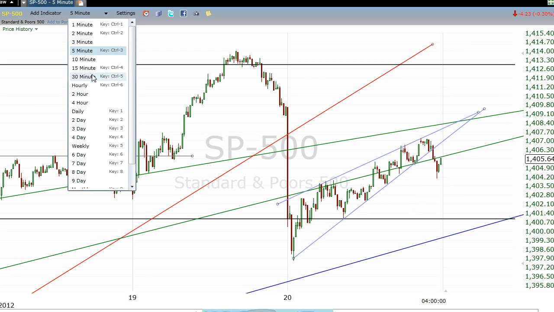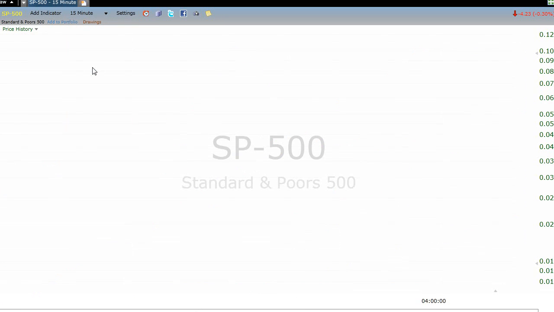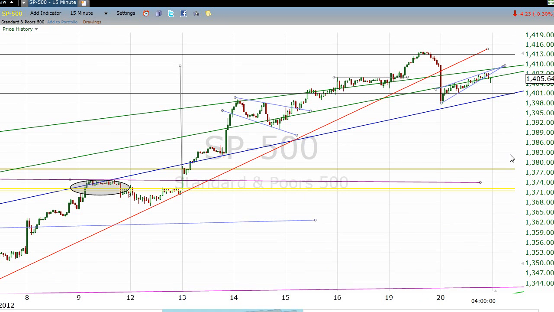Now, I don't think there's going to be a lot of room for this market to fall very far, because we've got some fairly important features underneath us.